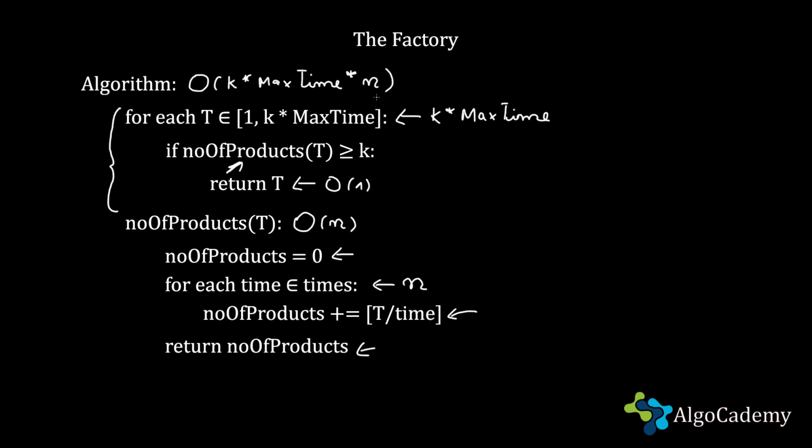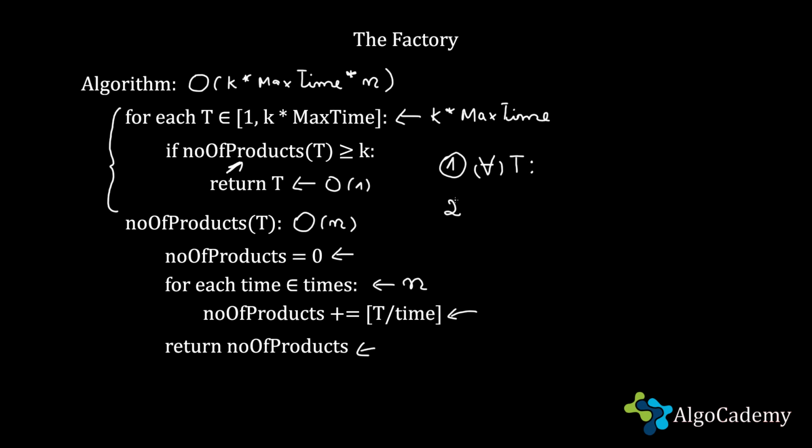Now, as with any other brute force approach, obviously, don't worry about the time complexity. Let's see how we can improve that. And as we have learned, in order to do that, we should separate the stages of the brute force approach, right? So what the brute force approach consists of is, first, it tries out each and every t in this range, trying out each and every possible time until we find the first one that's valid.